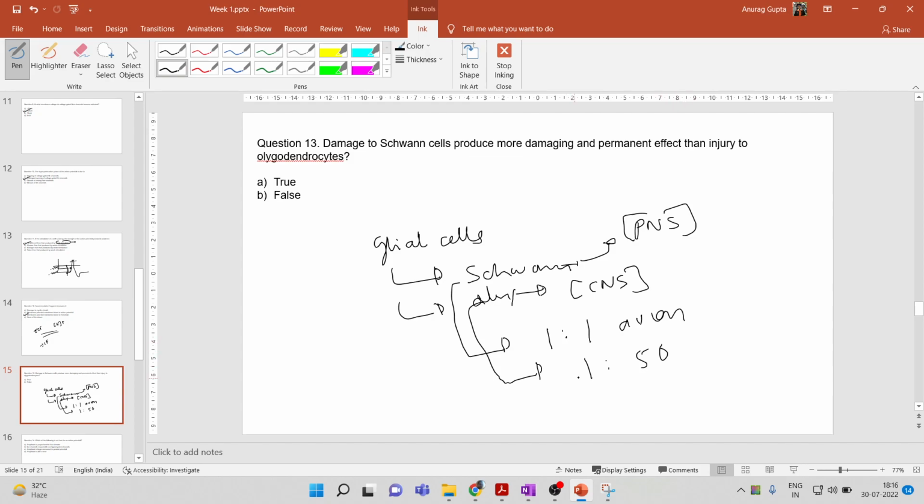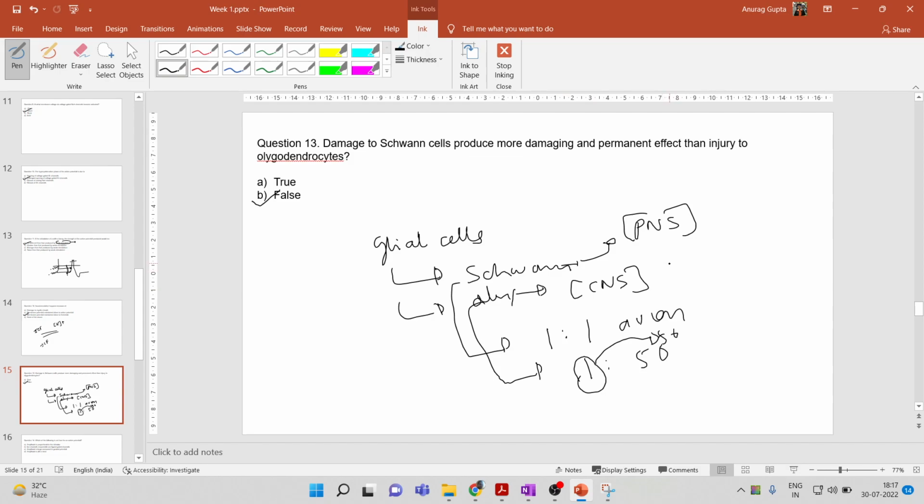So if one oligodendrocyte is affected, then the myelination of 50 axons is lost. So the damage caused is more if the oligodendrocytes are affected. So the answer is false. Because if one oligodendrocyte is affected, then it causes 50 axons to be demyelinated.